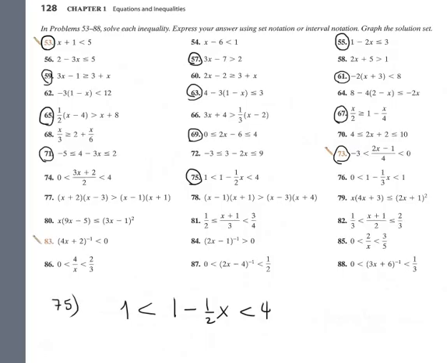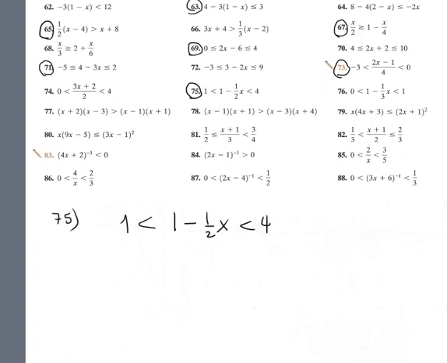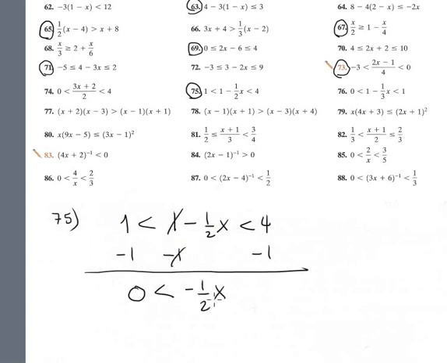Okay, 75. I copy here. Let's see what happened. Well, it's a compound inequality again. You're subtracting 1 here. This is 0. It cancels. It's negative 1/2 x less than 3. Okay, I want to eliminate this. You multiply by the reciprocal. The reciprocal is minus 2.